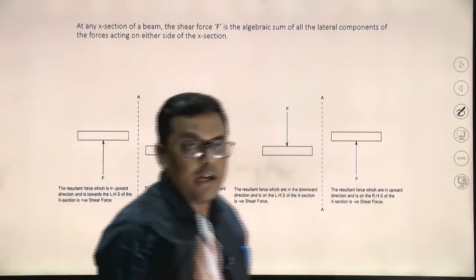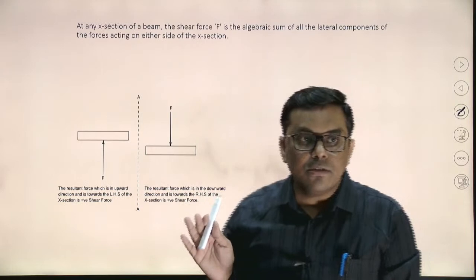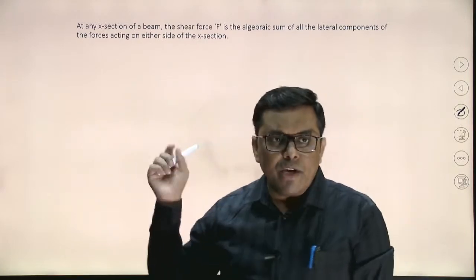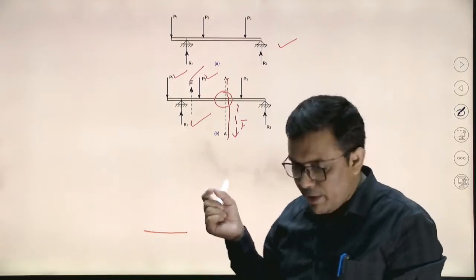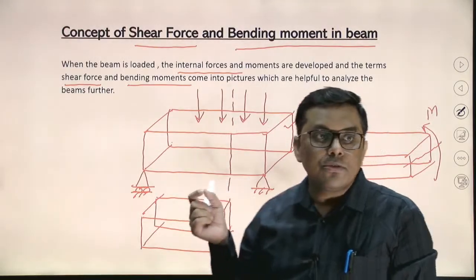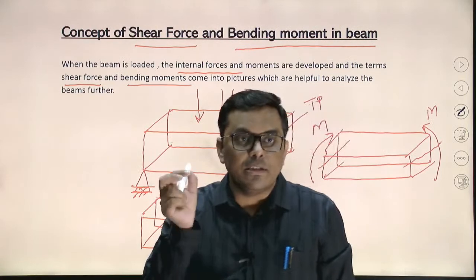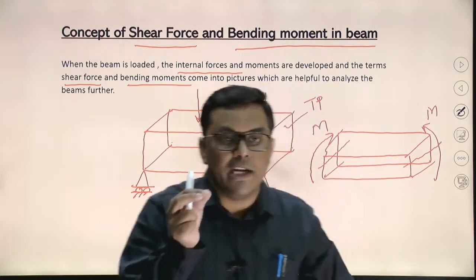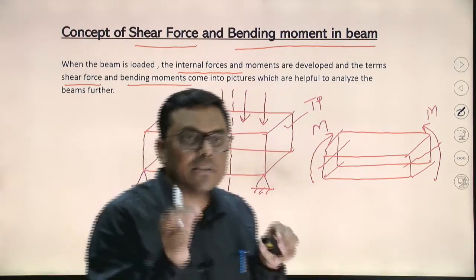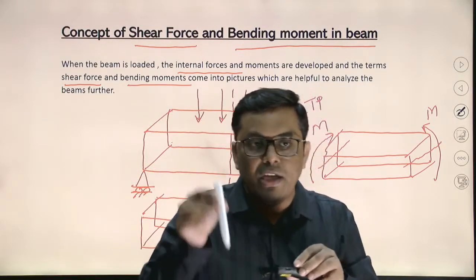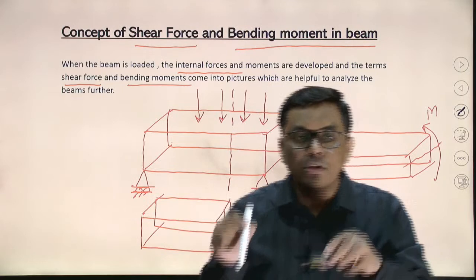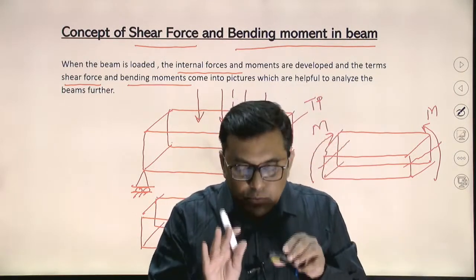So here we are ending today's lecture. We have covered very little about the shear force. Let me summarize. Shear force is what? When the beam is loaded with certain external loads. These external loads can be a point load, UDL, UVL, and because of these loads, there will be reaction forces.